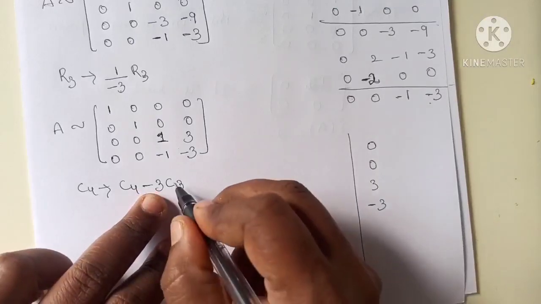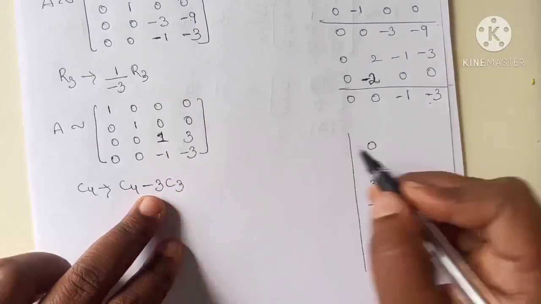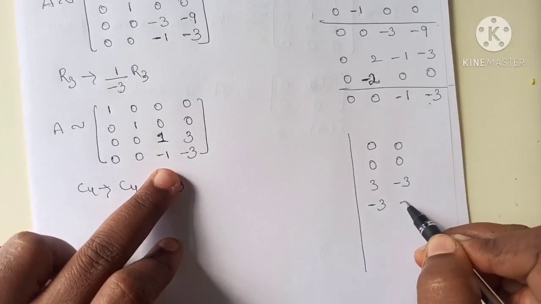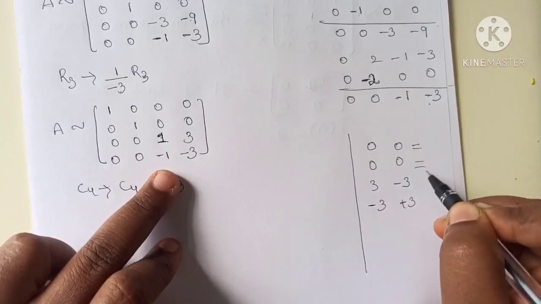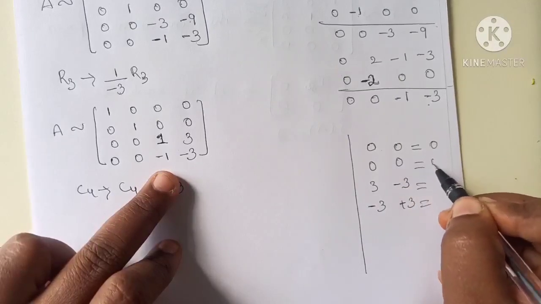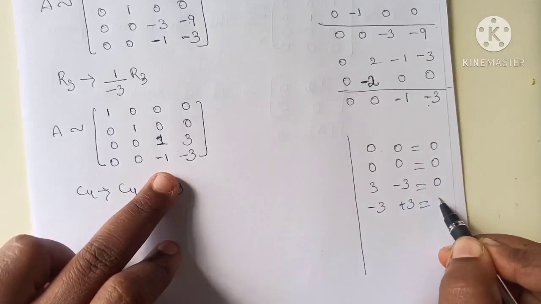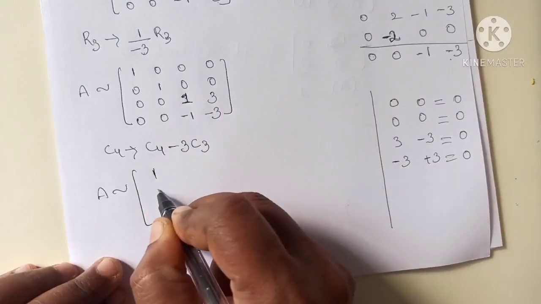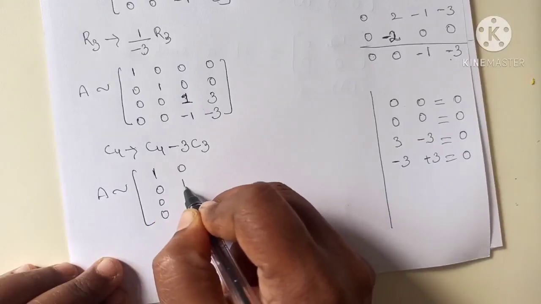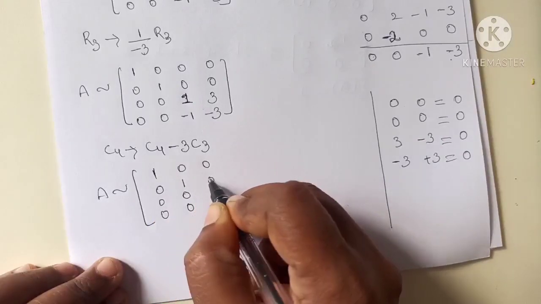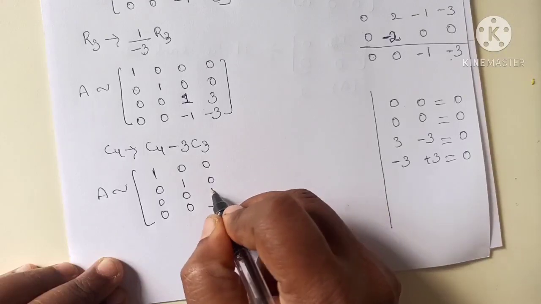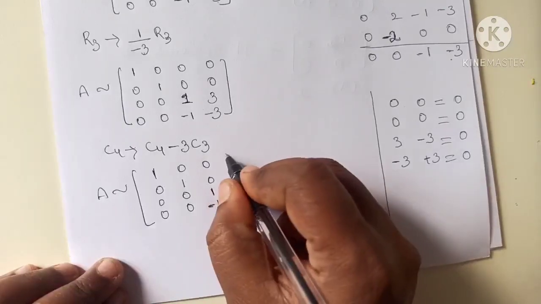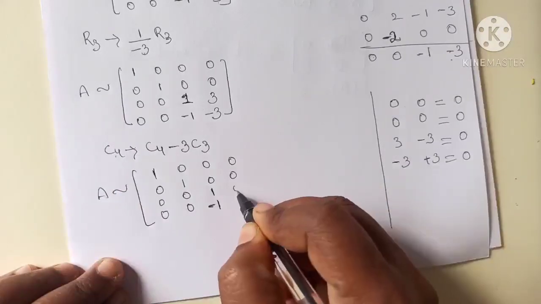Now C3 multiplied with minus 3, we get 0, 0, plus 3 minus 3 gets cancelled, 0, 0. Therefore we get 1, 0, 0, 0 as it is, 0, 1, 0, 0 as it is, 0, 0, 1, minus 1 as it is. The last column C4 will be 0, 0, 0, 0.